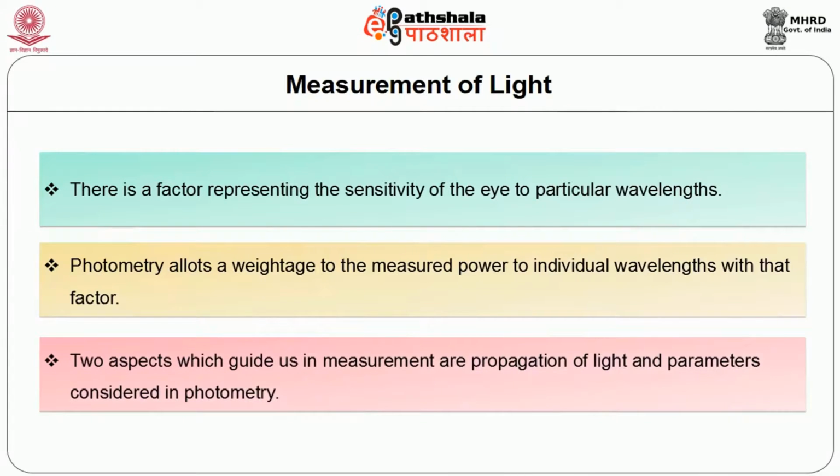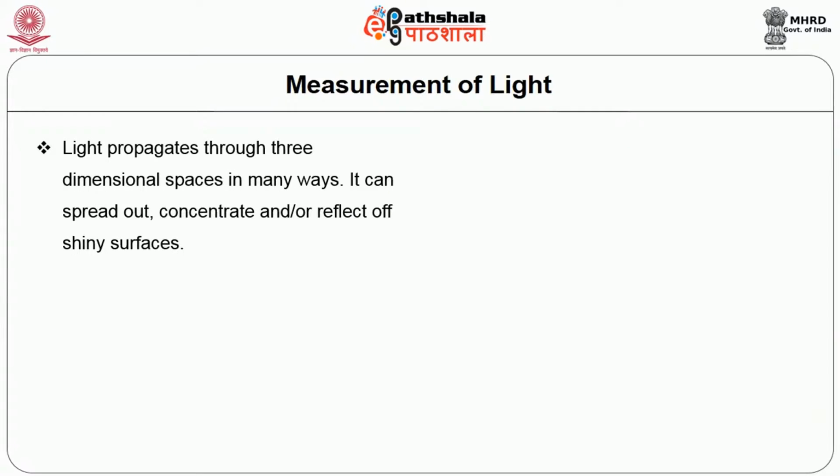Two aspects which guide us in measurement are propagation of light and parameters considered in photometry. What are they? Light propagates through three-dimensional spaces in many ways. It can spread out, concentrate, and or reflect off shiny surfaces.